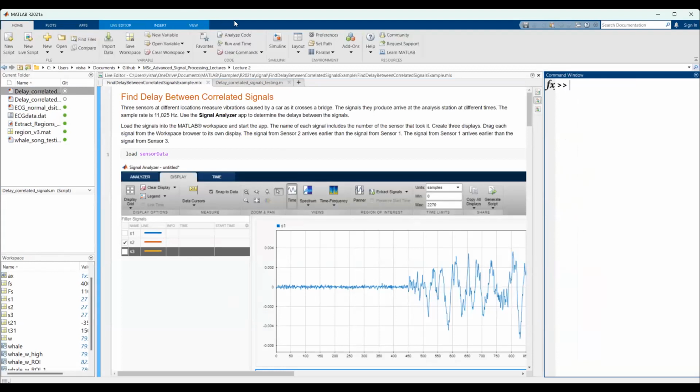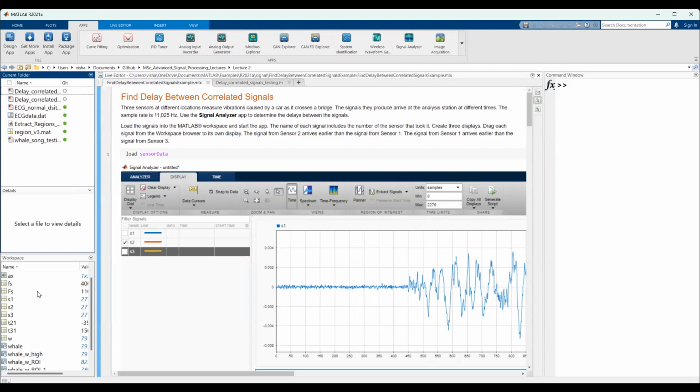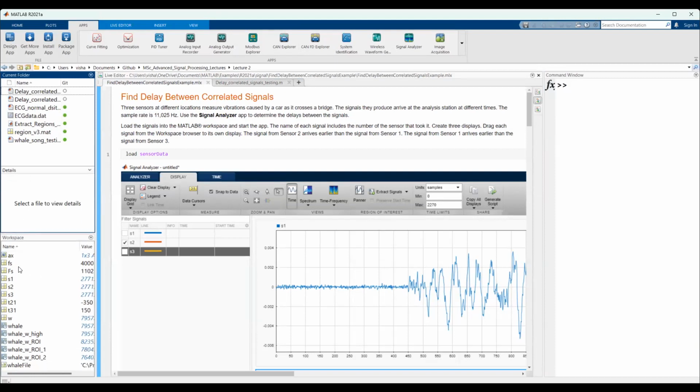I will go to the Signal Analyzer app, and then I will try to plot these signals there. Mainly because I have run that code before, I don't have the initial sensor data variable in this region. I already have it stored in the workspace.